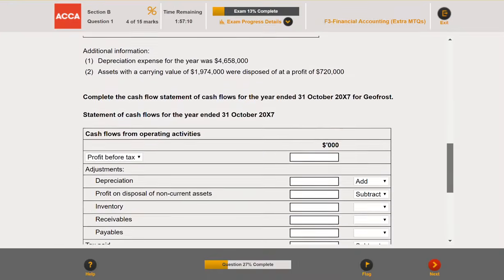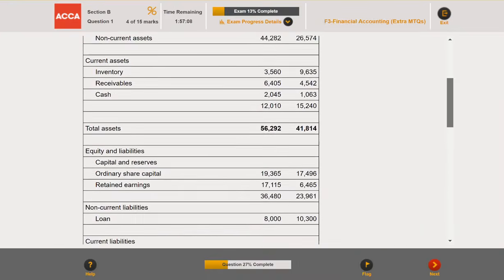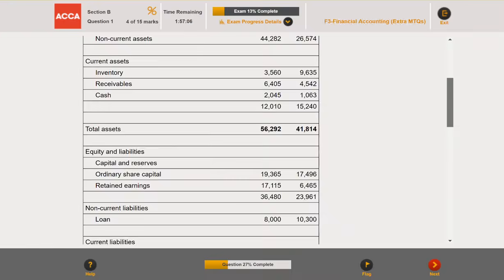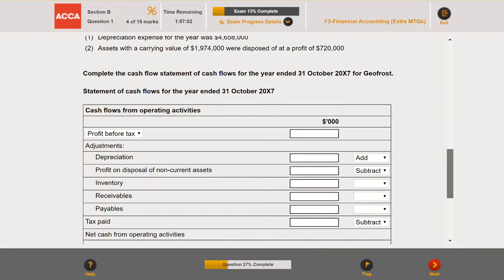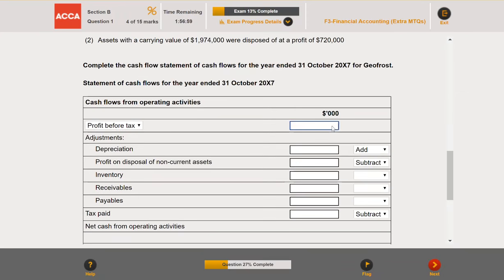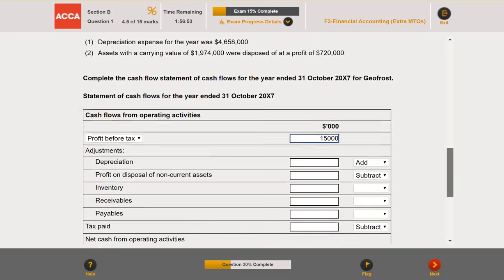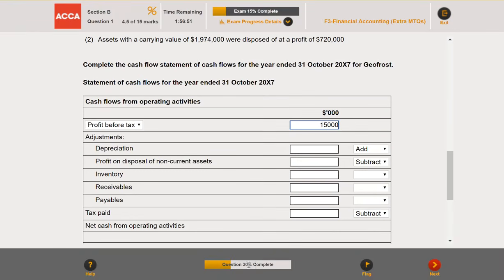write those first. Like profit before tax is given. So let's start with that, 15,000. And the figure here is also 15,000. So actually it is 15 million. So it has been rounded off to 30,000. See, we have already attempted 30% of this exam.